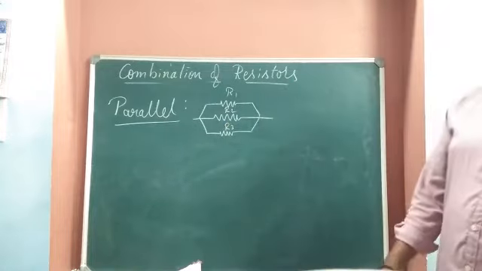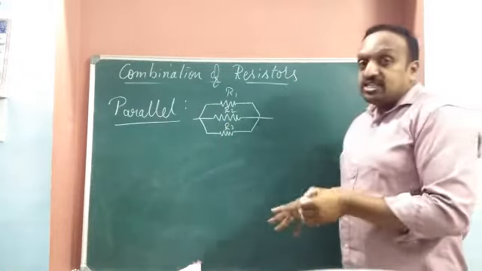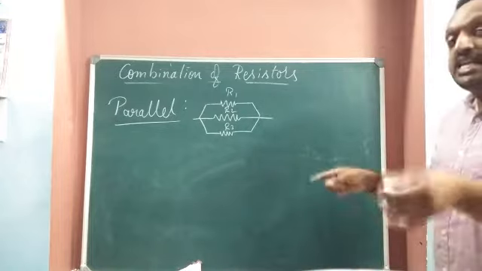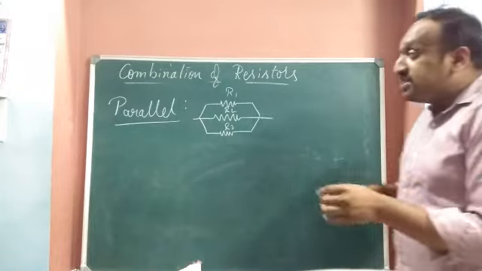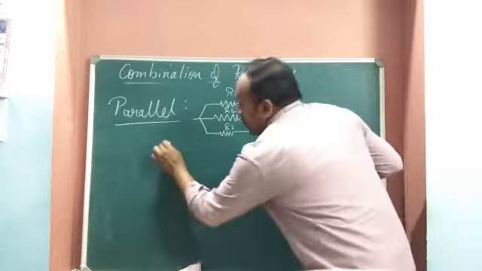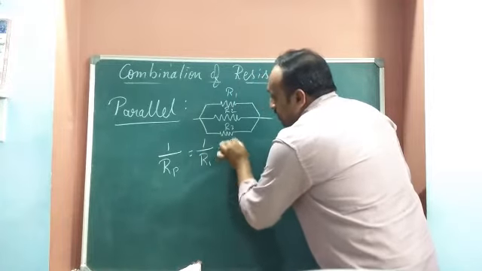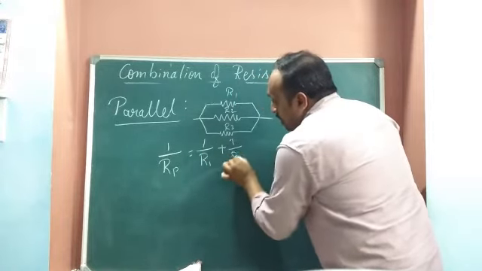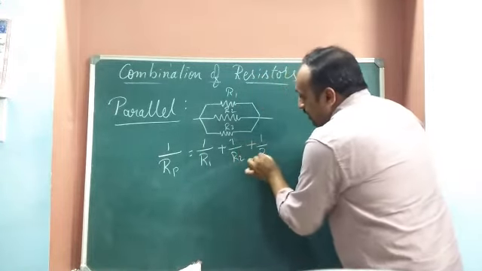The total resistance when connected in parallel will be written like this: 1 divided by Rp will be equal to 1 by R1 plus 1 by R2 plus 1 by R3.